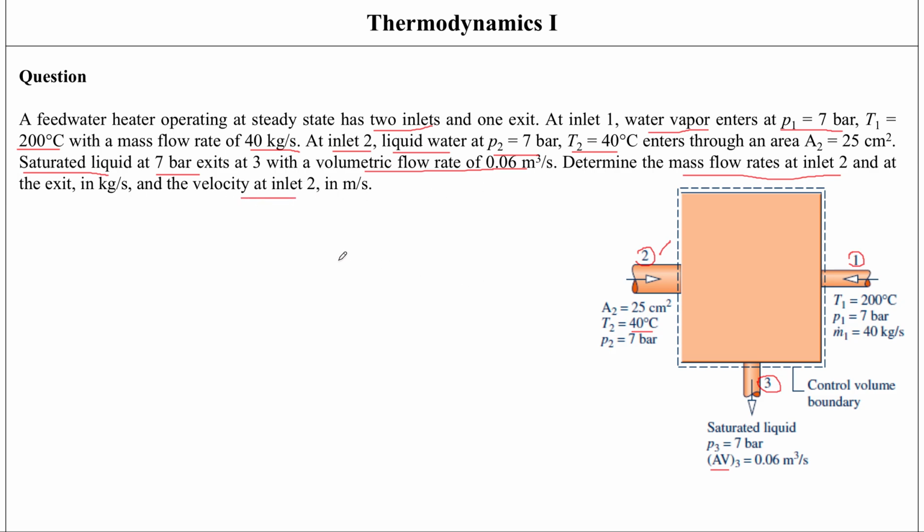All right, so first of all, we have to write the general equation that we saw. Because there can be multiple inlets and multiple outlets, in the form of summation, and right now we've got 2 inlets, it would be m dot 1 plus m dot at state 2 minus m dot at state 3.